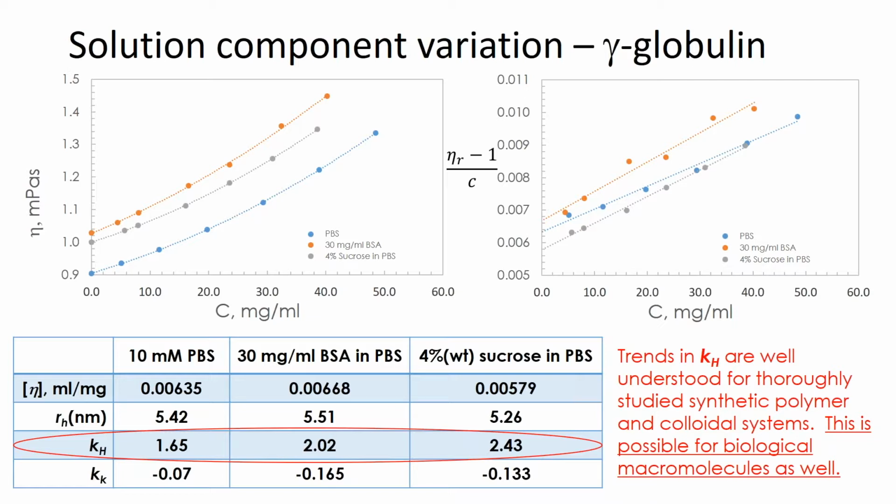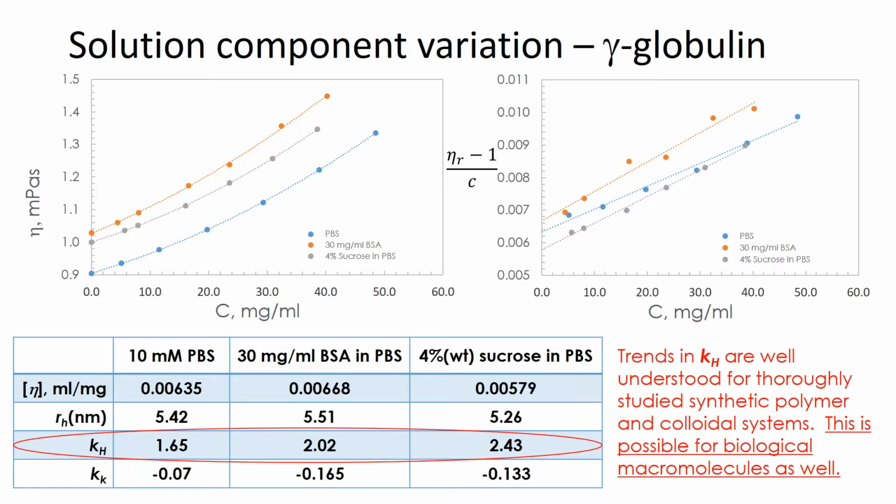The left plot is just viscosity versus concentration, and the right plot is reduced using the Huggins equation, the appropriate reduction for the Huggins equation, versus concentration. And we have the gamma globulin formulated in 3 different solution media, one being just 10 millimolar PBS, the other PBS with a co-solute of the bovine serum albumin, and then PBS with a particular weight fraction of sucrose.